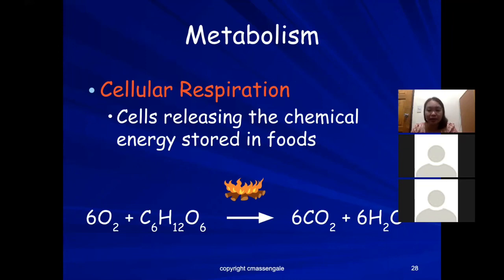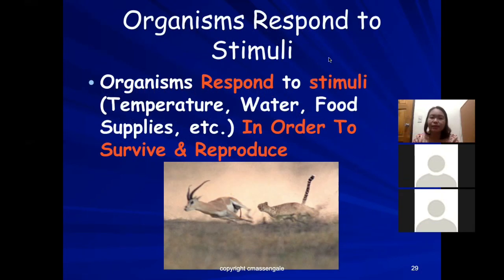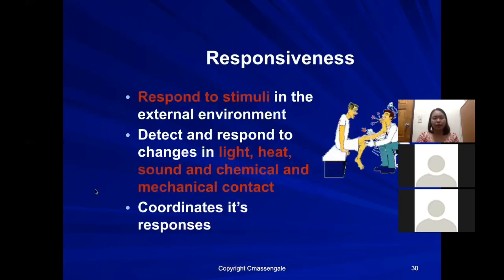is organisms responding to stimuli, and we all respond to temperature, as I have said, if it's hot or cold, water, food supplies, etc., in order to survive and reproduce. And with our responsiveness, we respond to stimuli in the external environment.